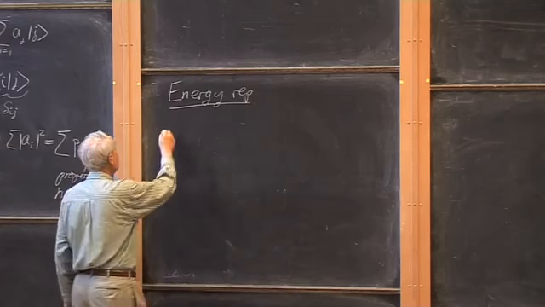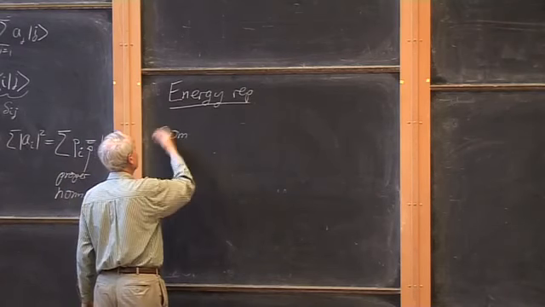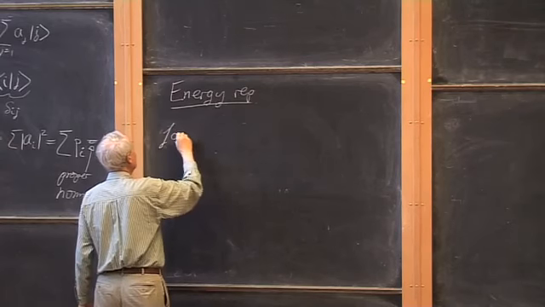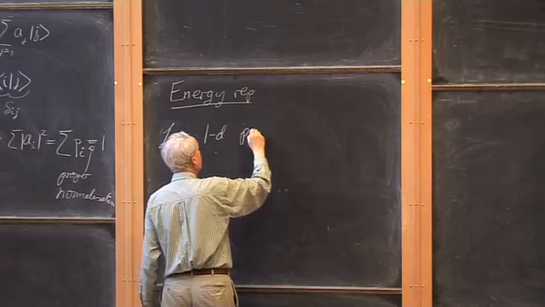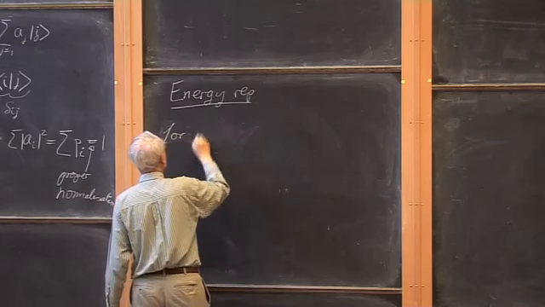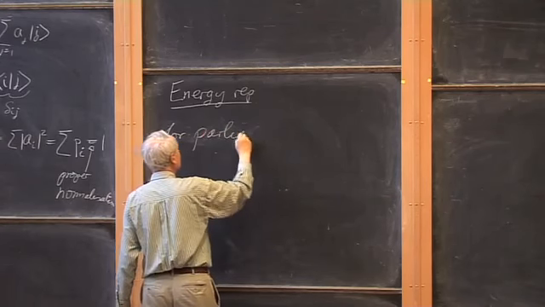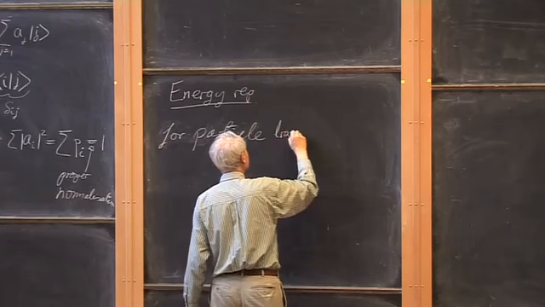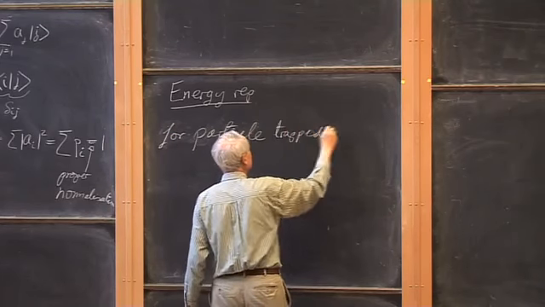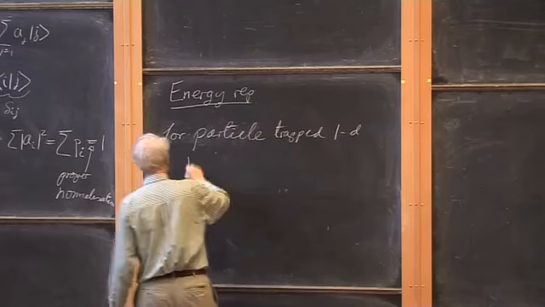So a complete set. This is not always the case, but for a one-dimensional particle, a particle trapped, this is a very idealized situation, but never mind, trapped in a one-dimensional potential well.